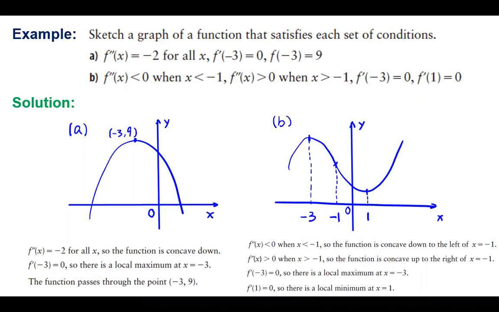The graphs shown here are just one of the many possible solutions. For example, if these graphs were translated up by k units, k a real number, the new graph would also satisfy the conditions, since no specific points were given, right?